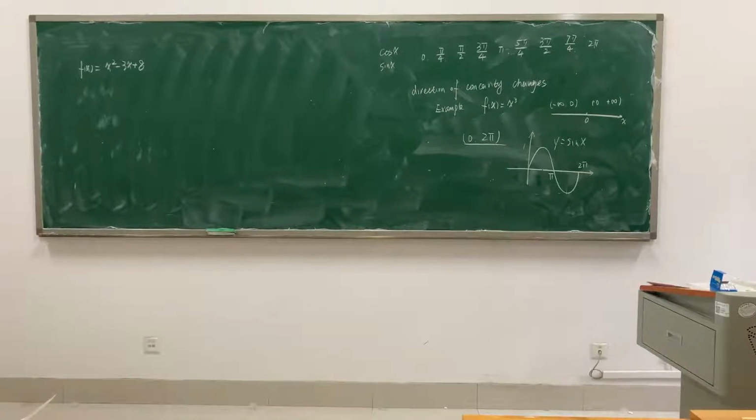For example, you choose minus 1, minus 1 times minus 1 times positive is negative. So here is negative, okay? So here is decreasing.